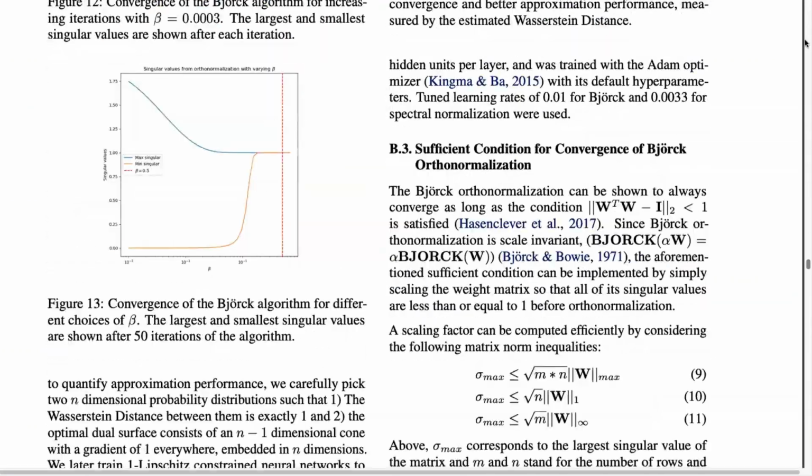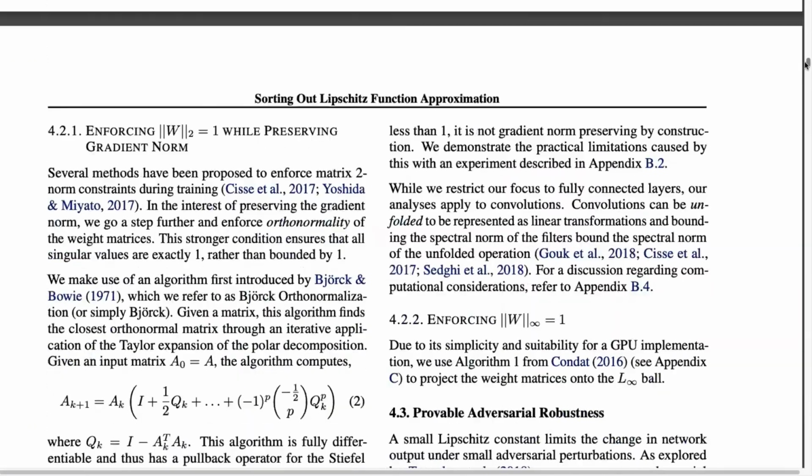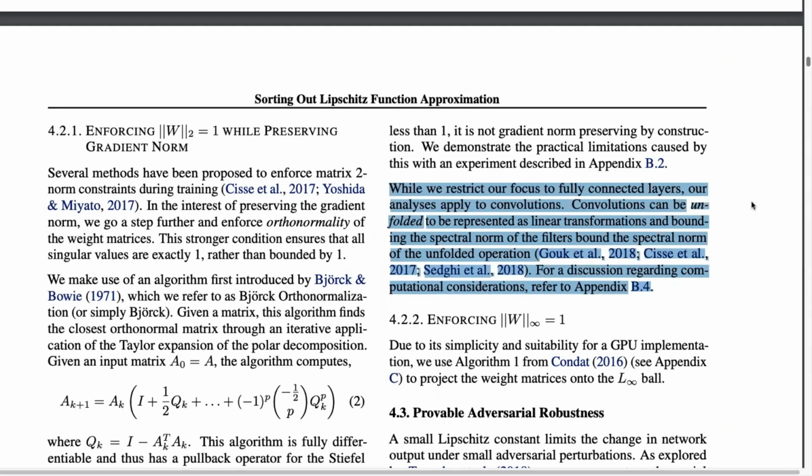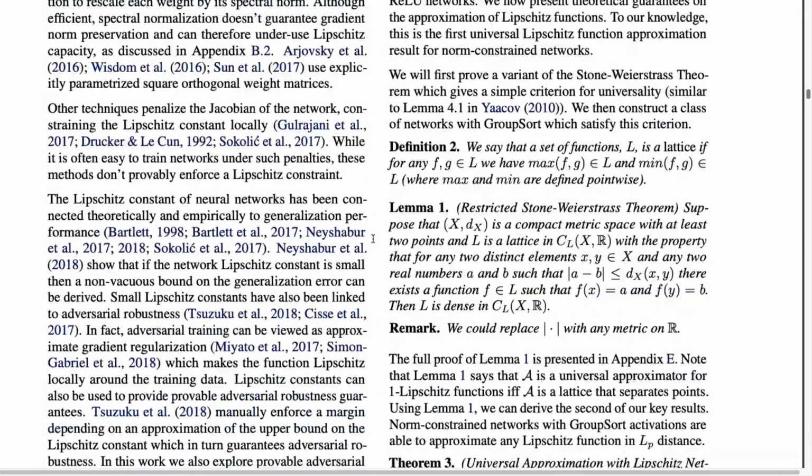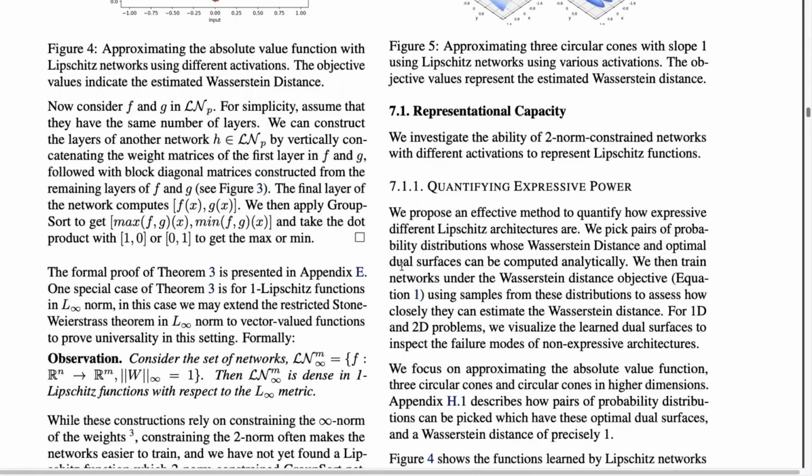I'm not sure. Let me jump back to the point where they said this. Okay, so they turn the convolution into the typical thing of turning it into a matrix multiply.